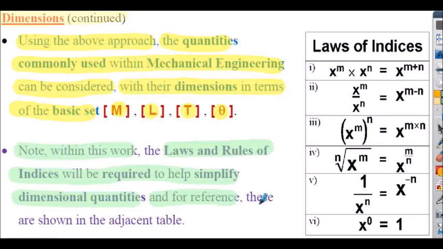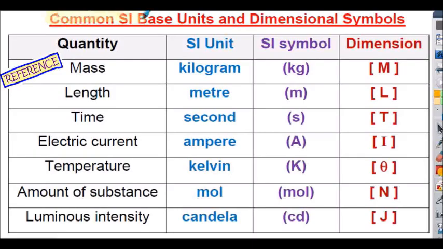And for your reference, these laws and rules are shown on the adjacent table. So here are the laws and the rules of indices. And purely for reference, here are the common SI base units and dimensional symbols, including quantities we will not be considering within this presentation. It just shows the notation used for the respective dimension.